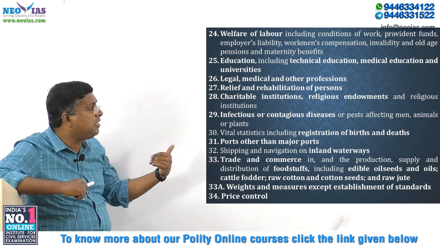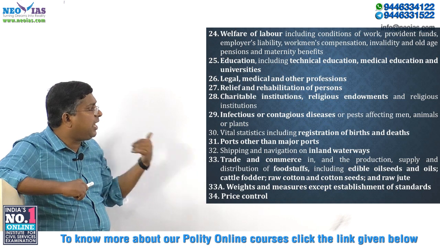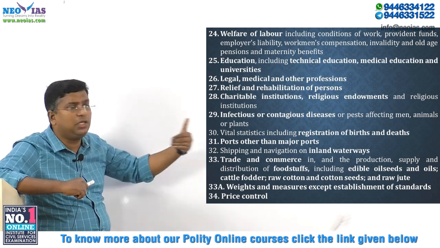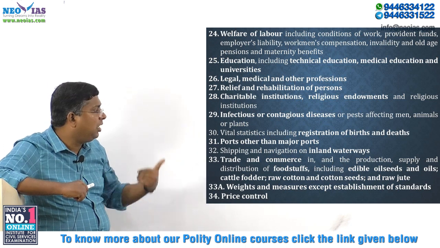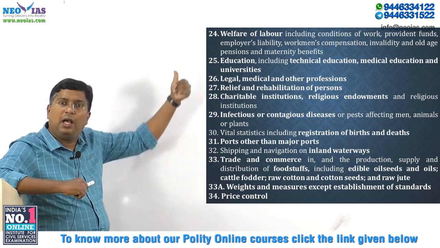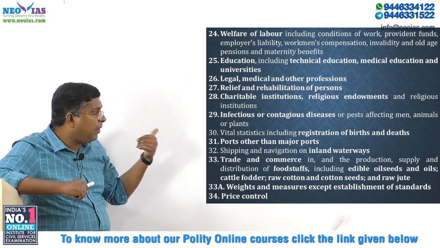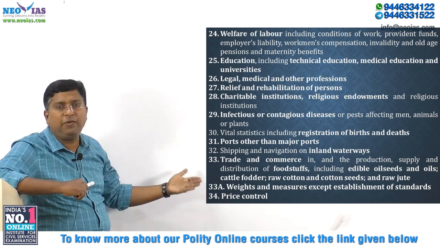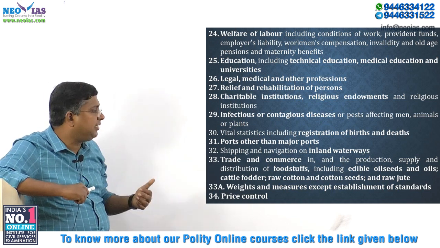Infectious or contagious diseases or pests affecting men, animals or plants. Then vital statistics including registration of birth and death comes under the concurrent list. Ports other than major ports. We know that major ports come under the union list. Other than major ports come under the concurrent list. Shipping and navigation on inland waterways, concurrent list.